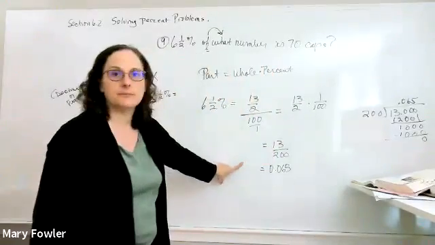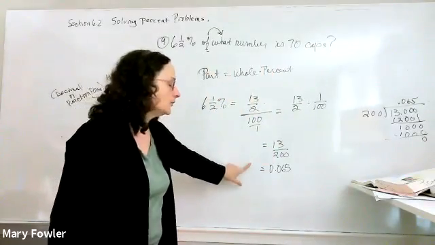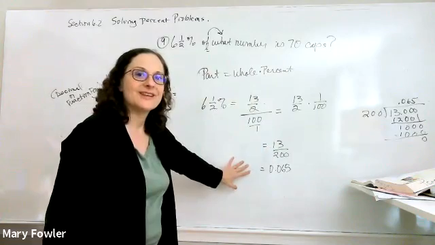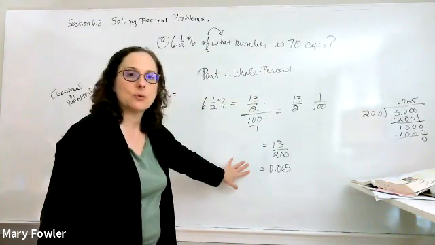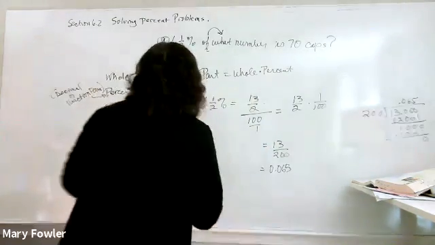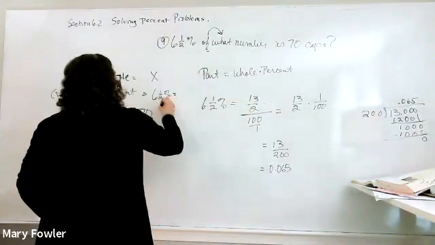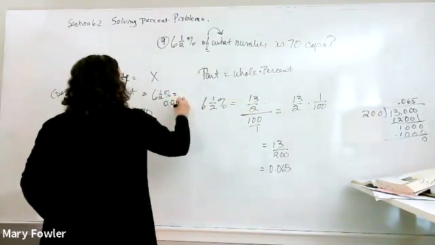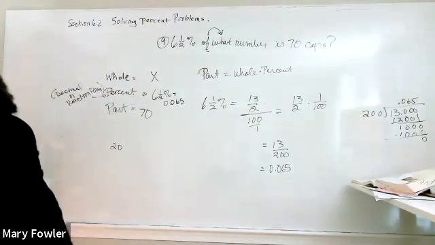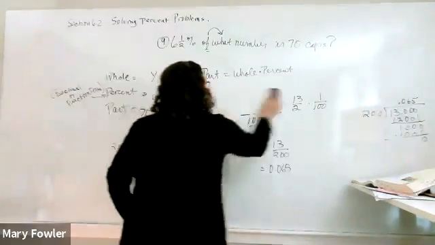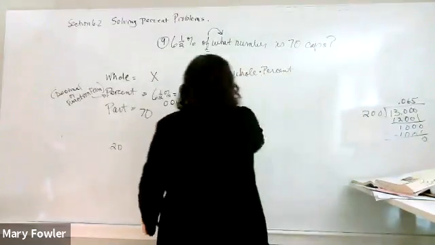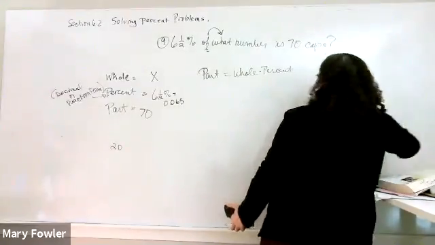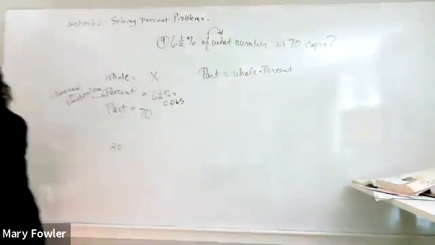Take a pause if you need, but your decimal equivalent is 0.065. Okay, so let's go ahead and substitute into the percent equation and solve for the whole value.